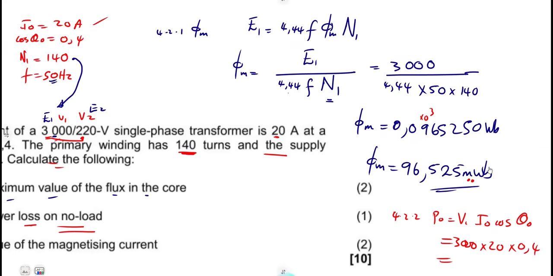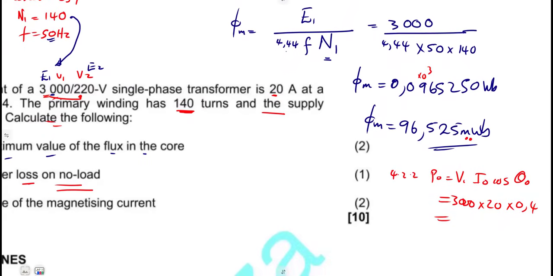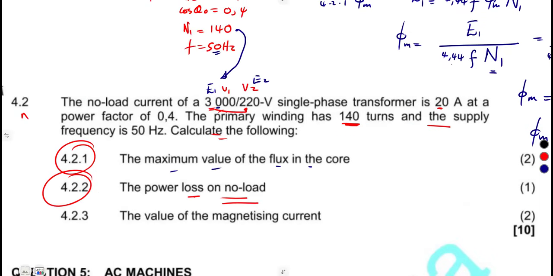So that's it. 3,000 times 20 times 0,4 is going to give us 24,000 watts, which is 24 kilowatts, divided by 1,000. So that's 24 kilowatts.